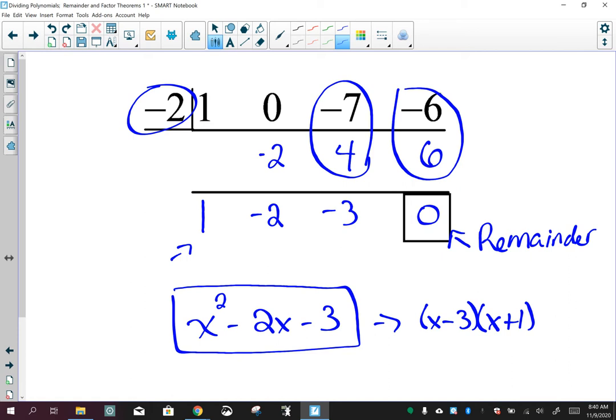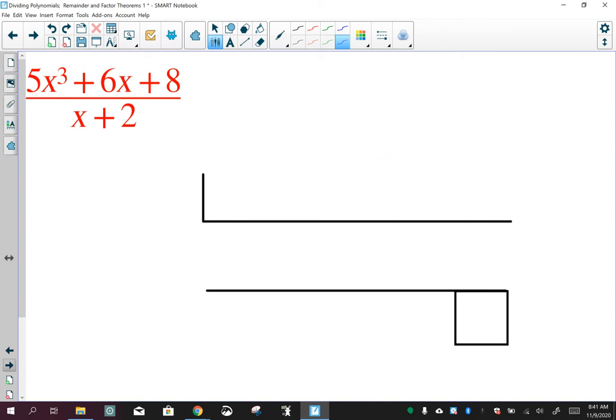Okay? So let's try this again. So again, you're looking at this. I need to set this up. So I'm going to take that x plus 2 over here, and I'm going to say x plus 2, set that equal to 0. I get x is equal to negative 2. That negative 2 goes right here.